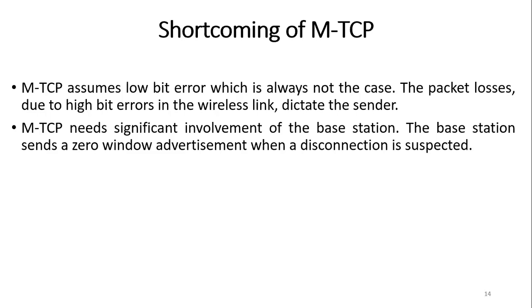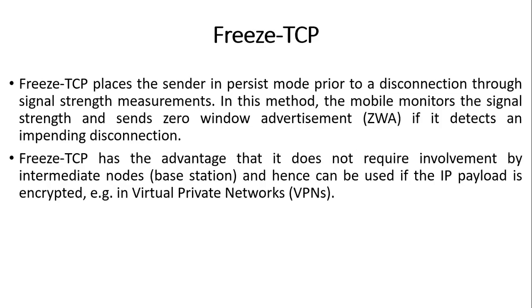So this is pretty much the completion of MTCP. Next is Freeze TCP. I say that it is less important, but I have just one slide there. In the case of Freeze TCP, it still uses the persistence mode and a temporary disconnection or temporary pause of data transfer. But here the mobile sends a message. It is not fully the involvement of the base station; rather, you do it at the mobile level.